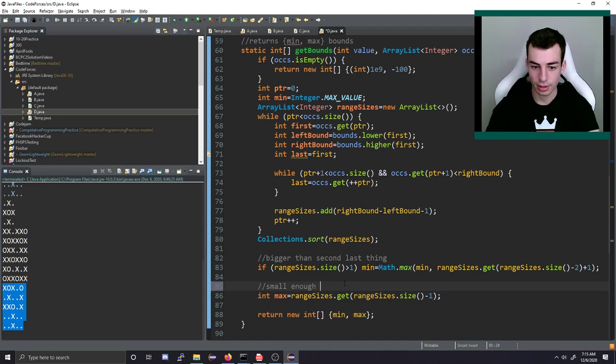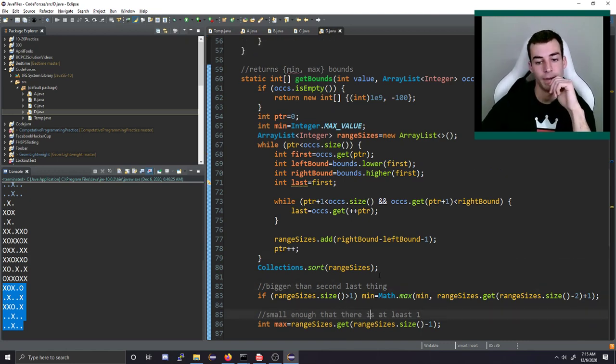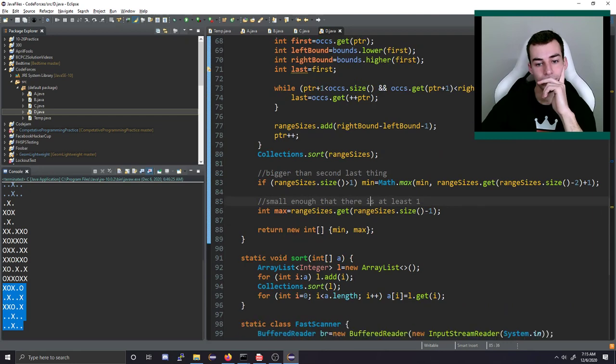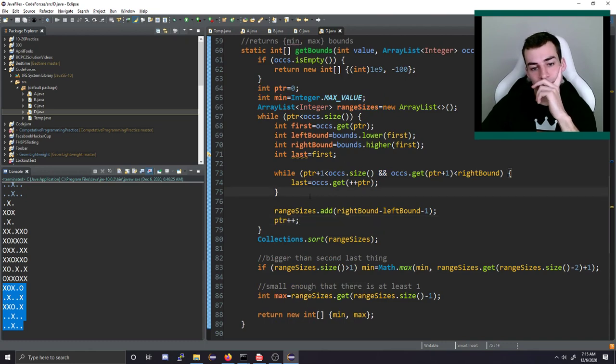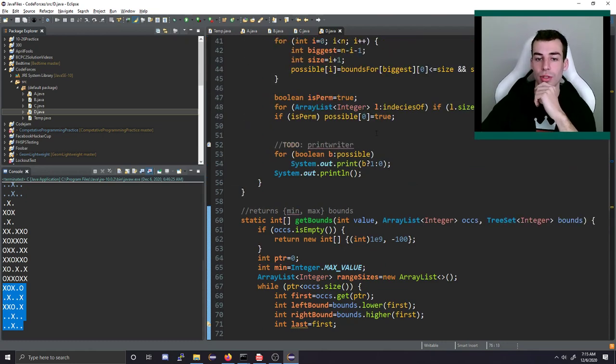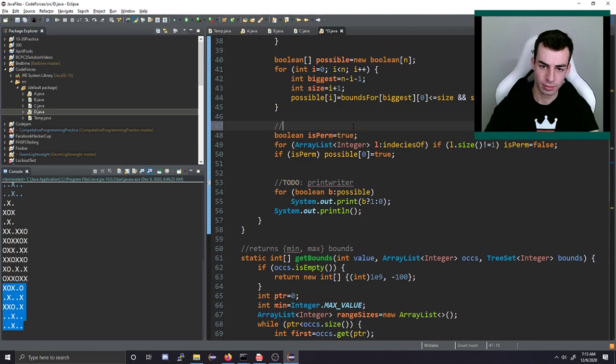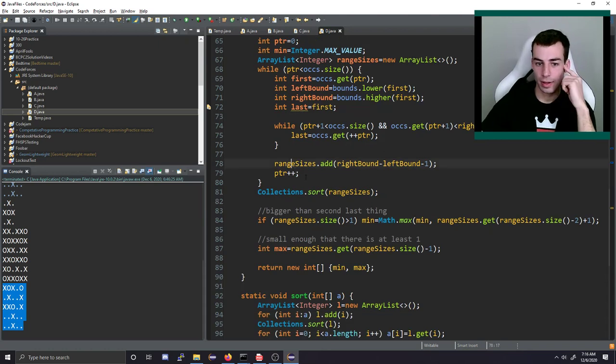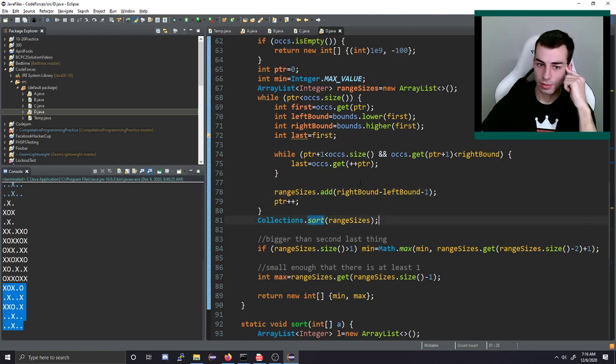Small enough that there is at least 1. Maybe we don't need to do this. Okay, and then what else?